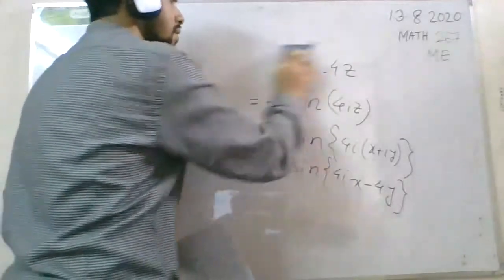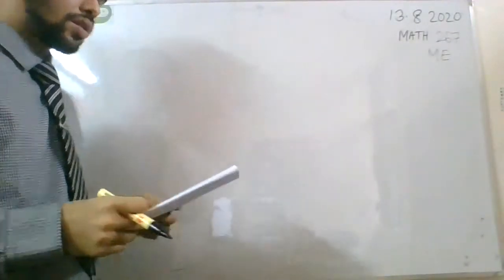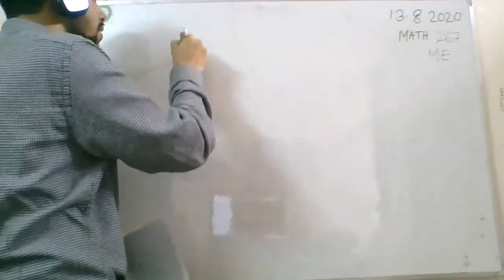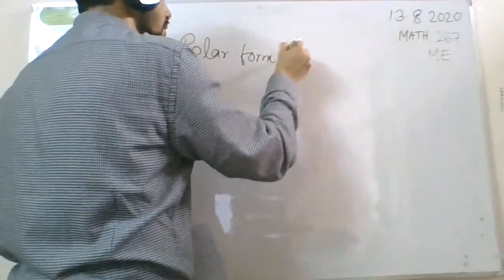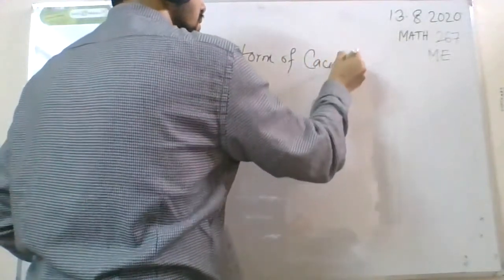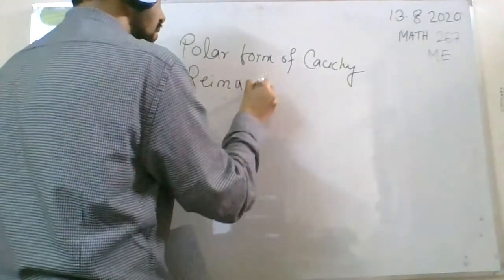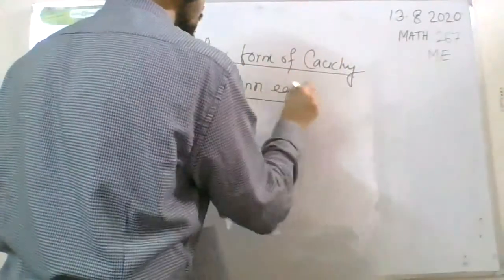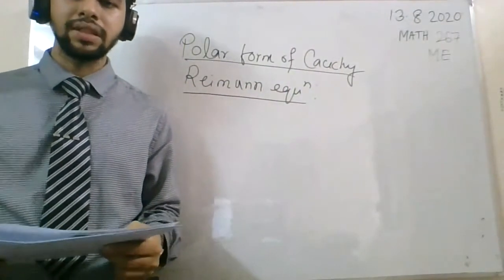So this is the hint. Now today I'm going to show you the polar form of the Cauchy-Riemann equation.